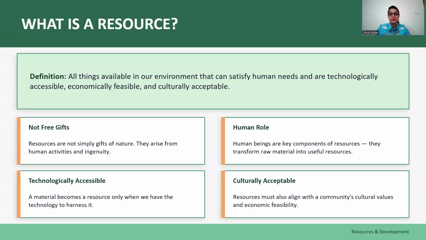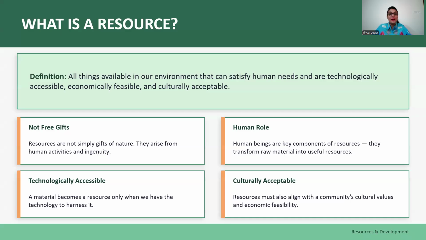First word, technologically accessible. I'll start with one example. Suppose you take the example of gold. Where is gold available? Gold is available in mines. Technologically accessible means that if gold is there in a mine, in order to extract it you need some technology.